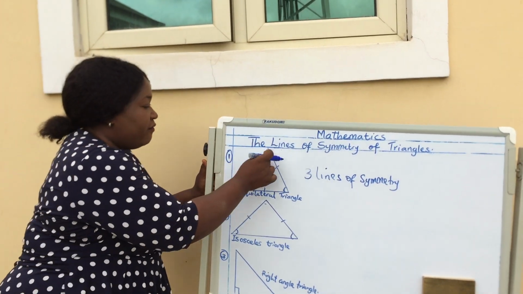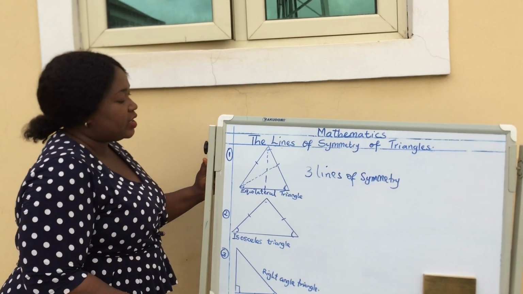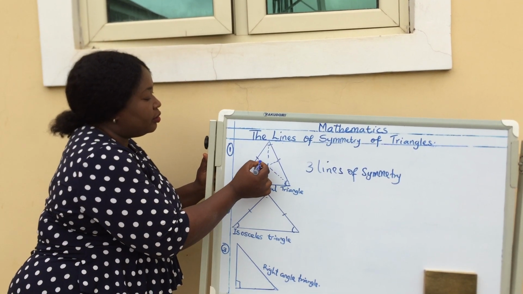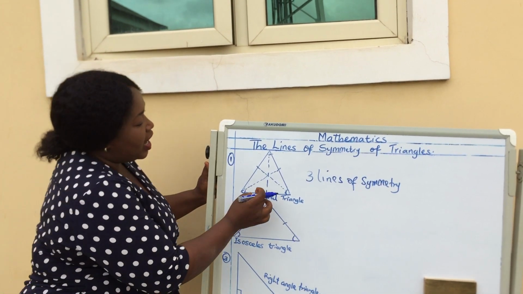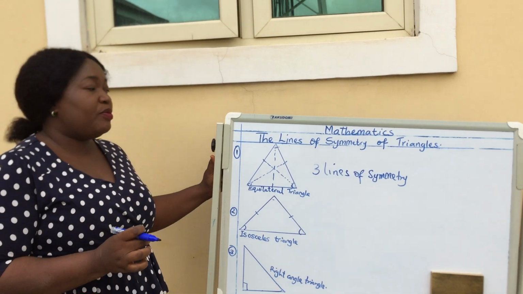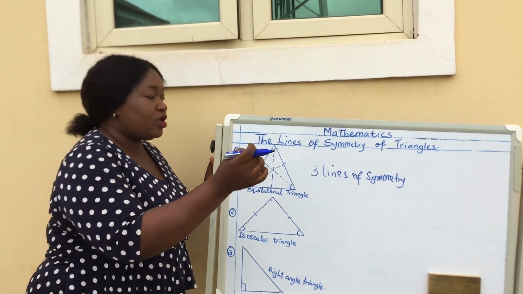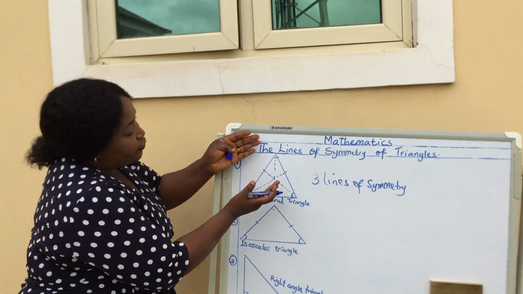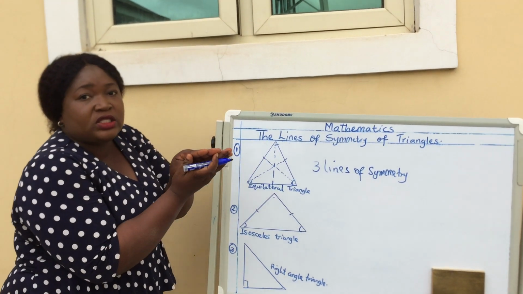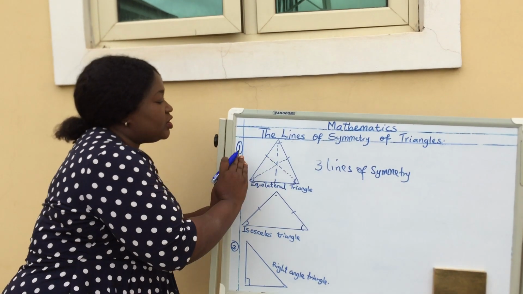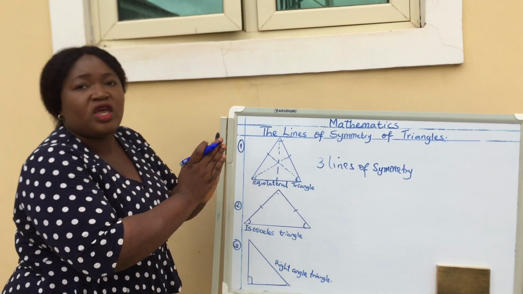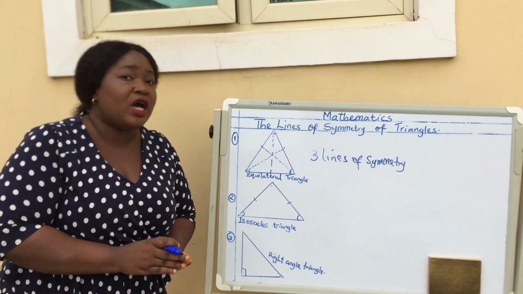And the third line is this. Now you have one vertical line and two diagonal lines, making three lines of symmetry. That simply means if you fold an equilateral triangle this way, you are going to obtain two halves. If you fold it this way, you obtain two halves, and this way too.